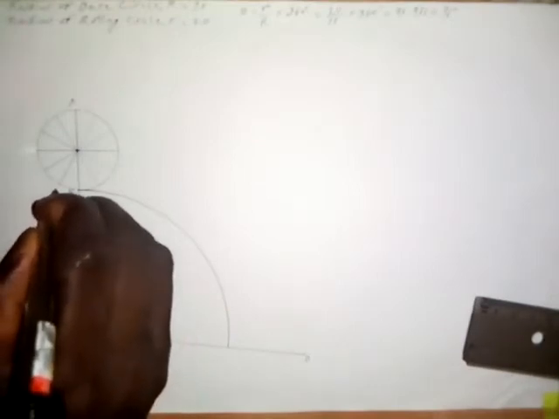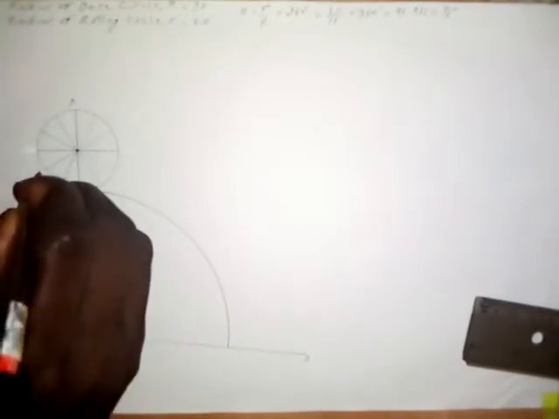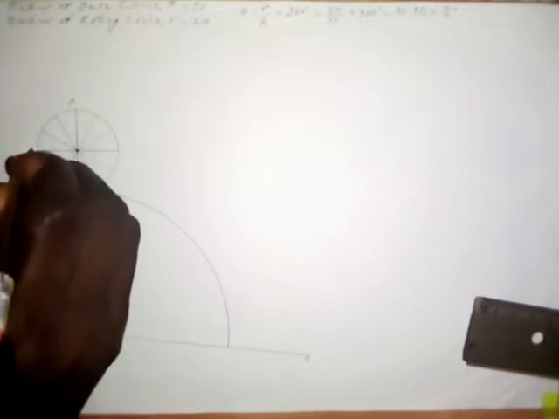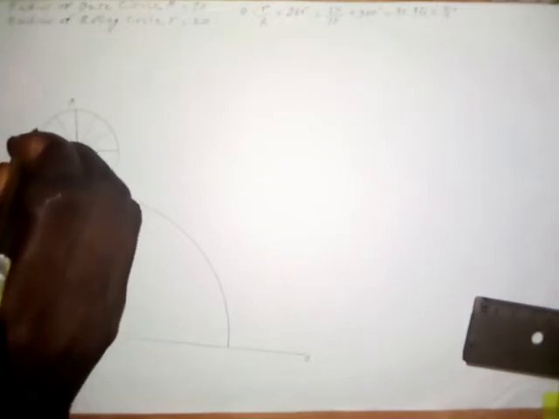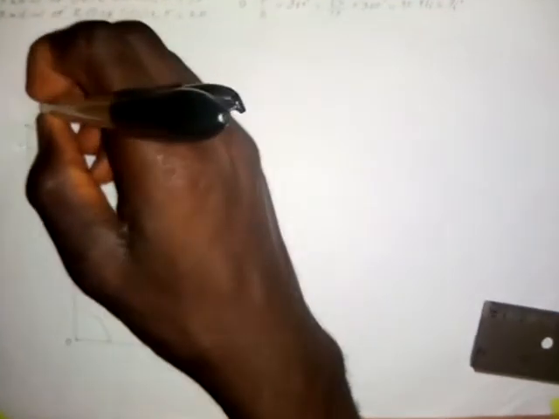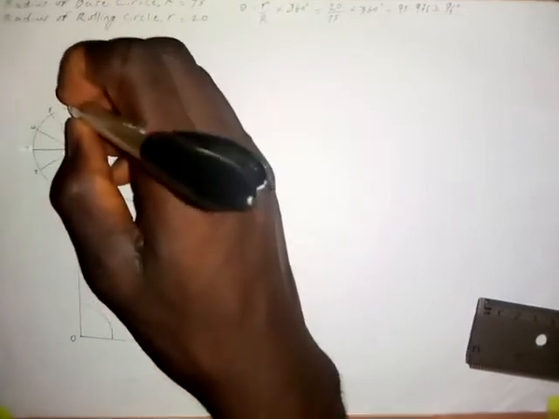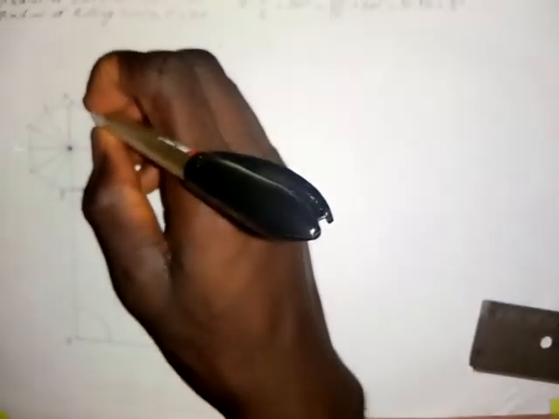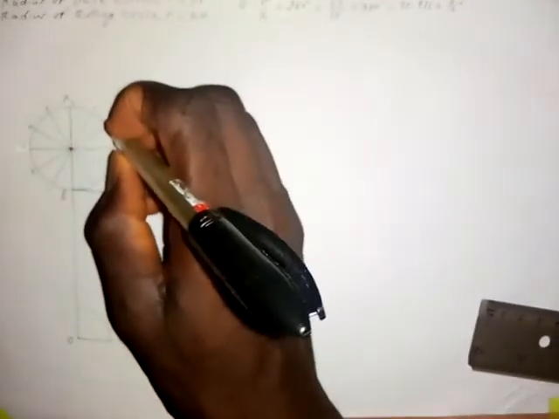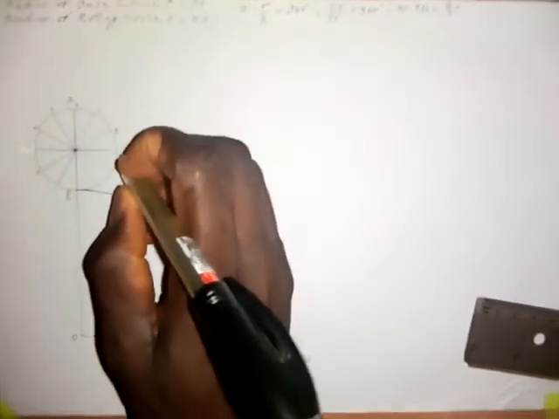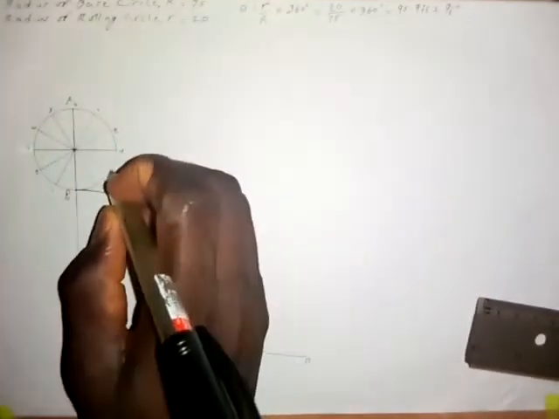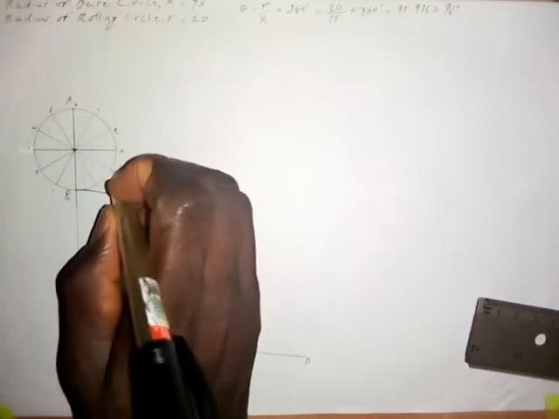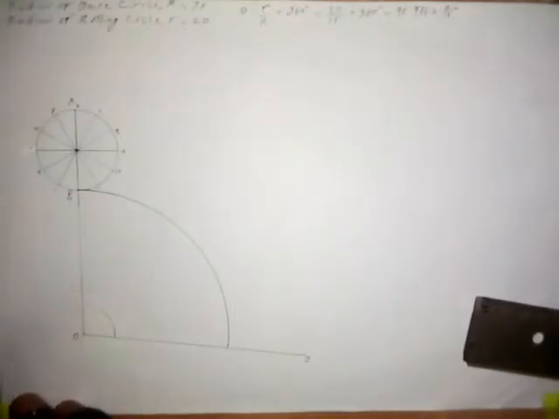So here is 1, here is 2, here is 3, here is 4, this is 5, this is 6, this is 7, this is 8, this is 9, and this is 10, this is 11. So point P0 makes it 12.